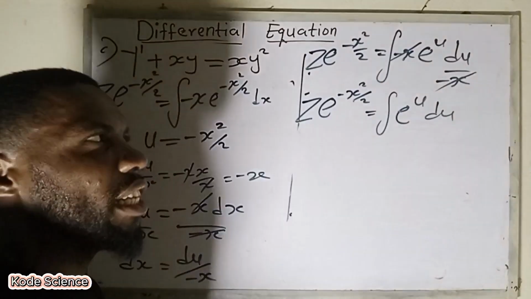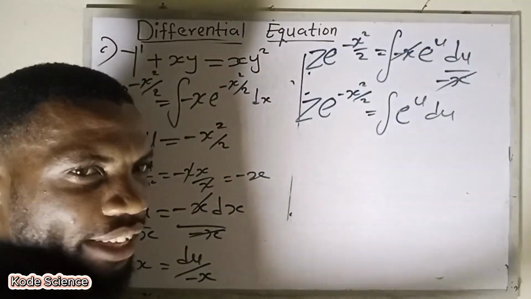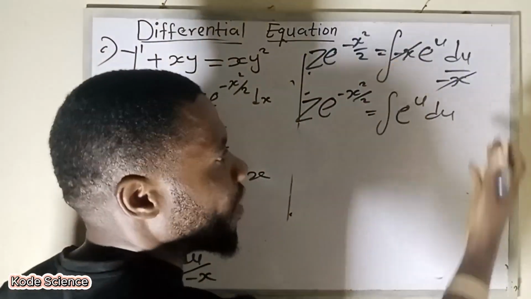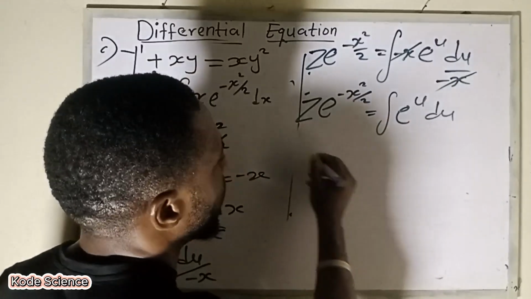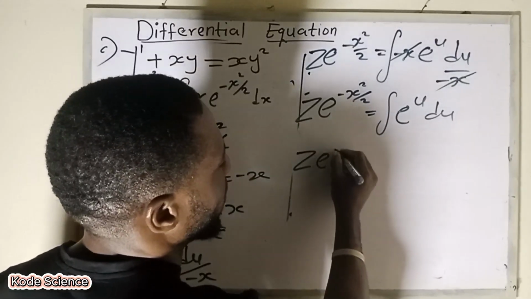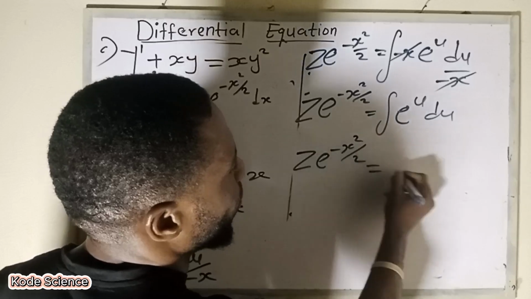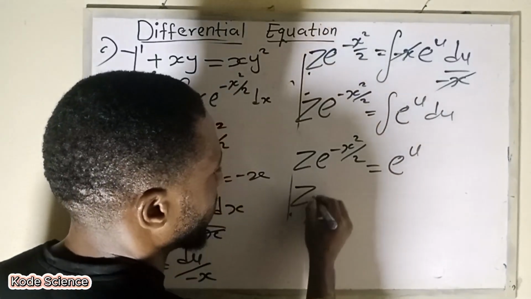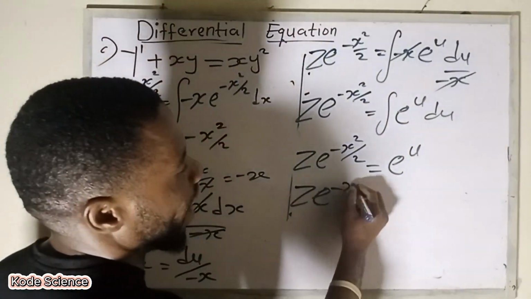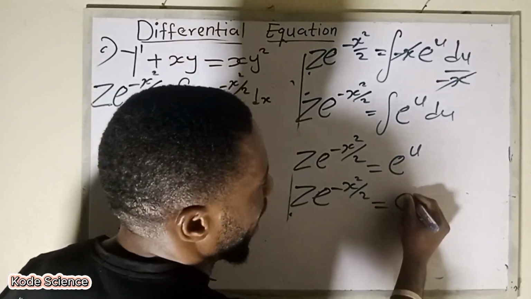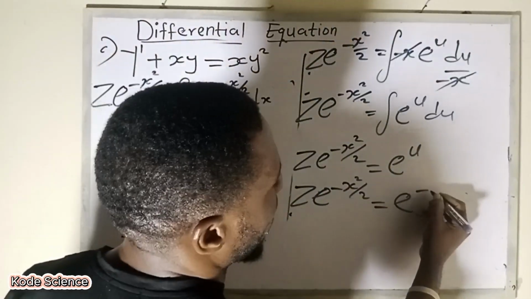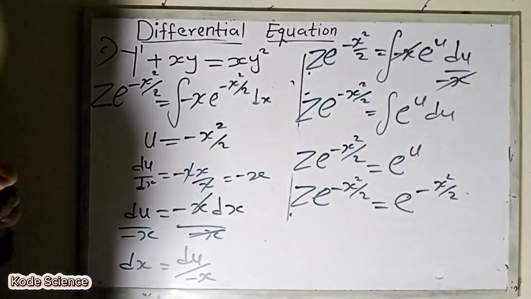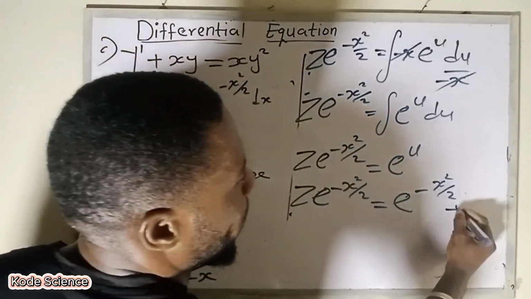And whenever we are integrating exponential of u, we still have exponential u. So z exponential minus x squared over 2 is equal to exponential u, and our u is minus x squared over 2. Then plus our constant.